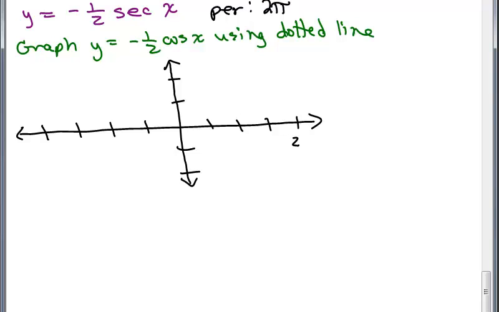That means we probably want this to be 2 pi, this to be negative 2 pi. And then I note that the coefficient here is negative 1/2. All right, so that is going to be either the minimum or maximum value of the secant or the cosine, depending on which one we're doing. So how about if I label this one and this negative one? That way it's easy to see where the 1/2 is.